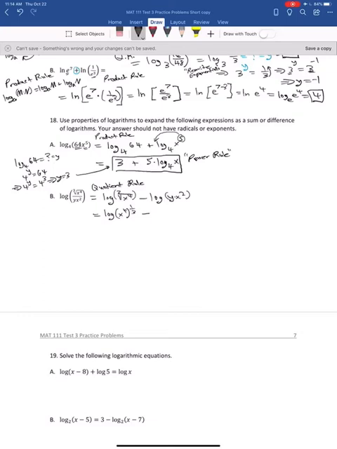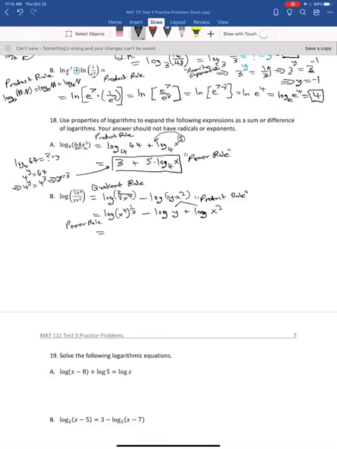Now in our next logarithm, I'm going to use the product rule. So log of m times n is equal to the log of y plus the log of x squared. Log of m plus the log of n. There's the product rule being used, breaking it up into a sum of logarithms. And now let's apply the power rule, because we don't want to leave exponents.